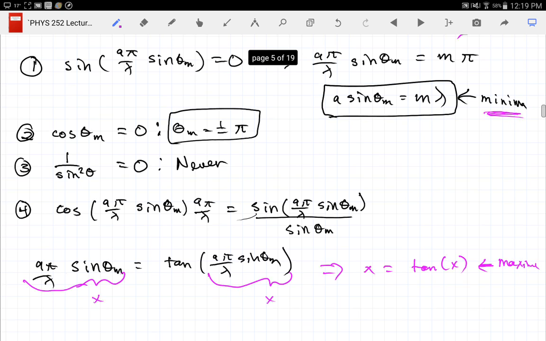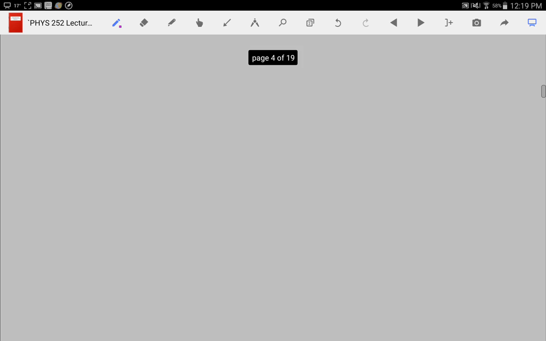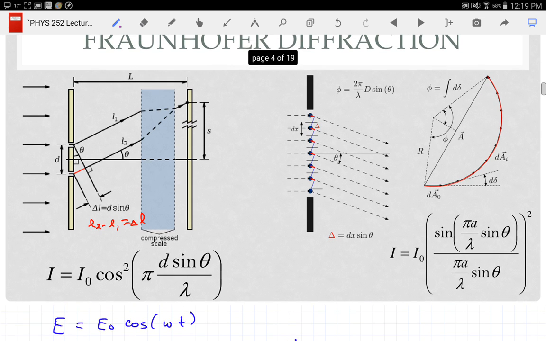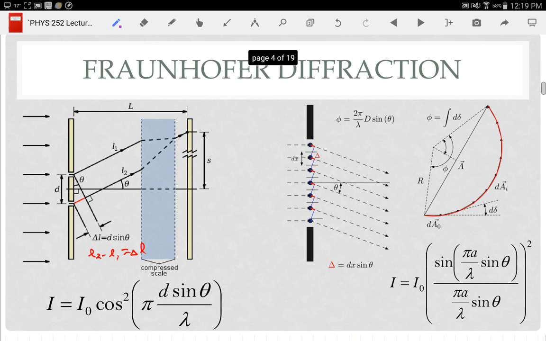And we can see where the problem arises by looking at this equation. If theta is 0, what do you have in parentheses? If theta is 0, what's in that parenthesis that's squared? For the single slit diffraction.